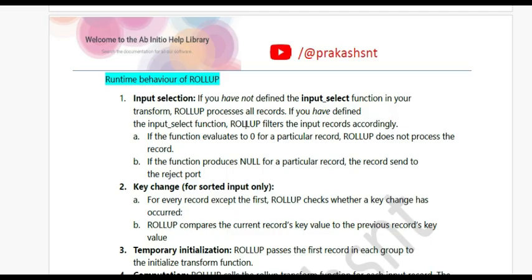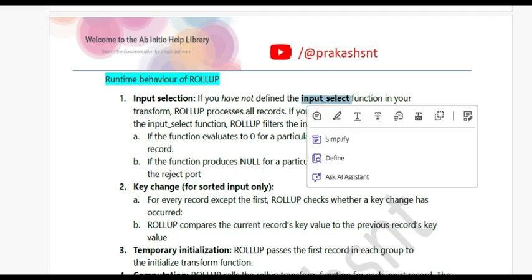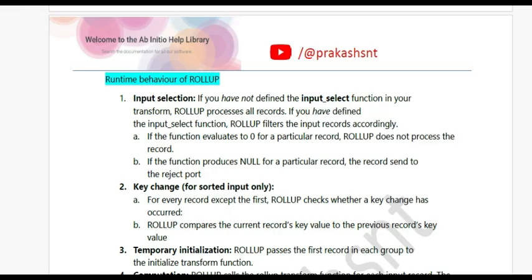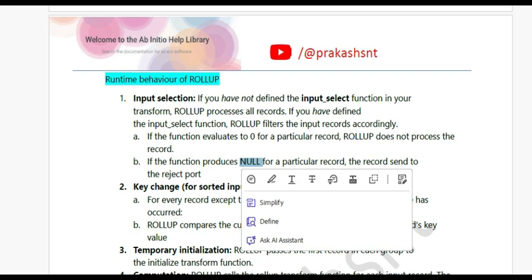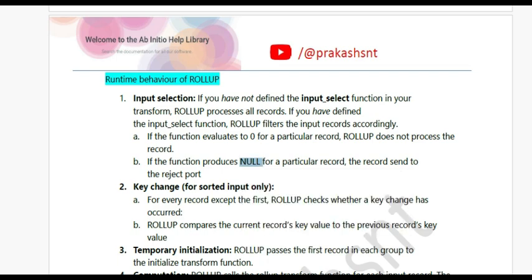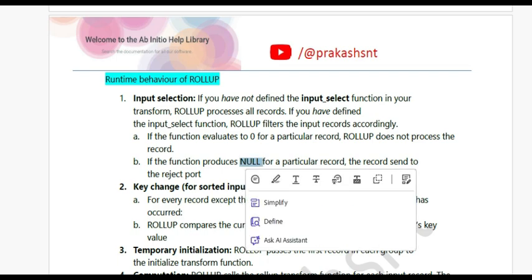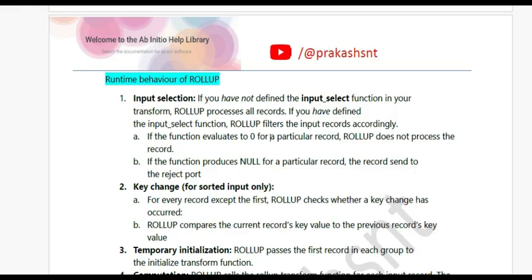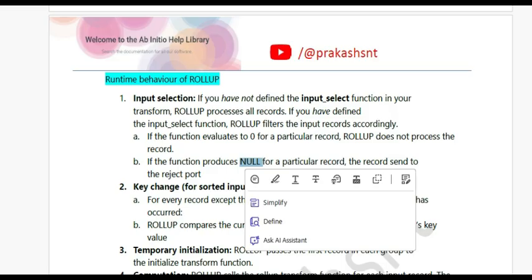If it is true, then the record is sent to the next step. If false, then your record will be discarded, and if it is null, then your component may fail. So you have to handle the null, or set the reject threshold to never abort.